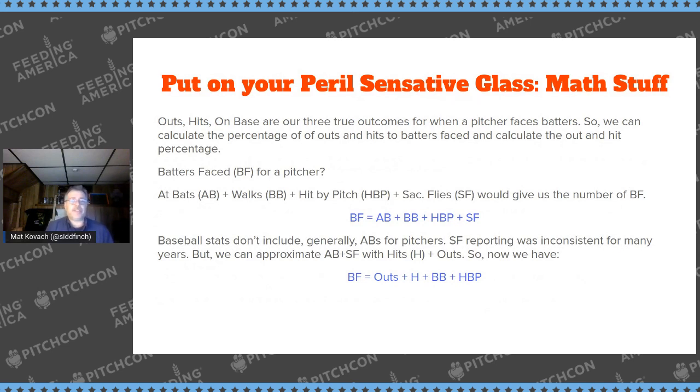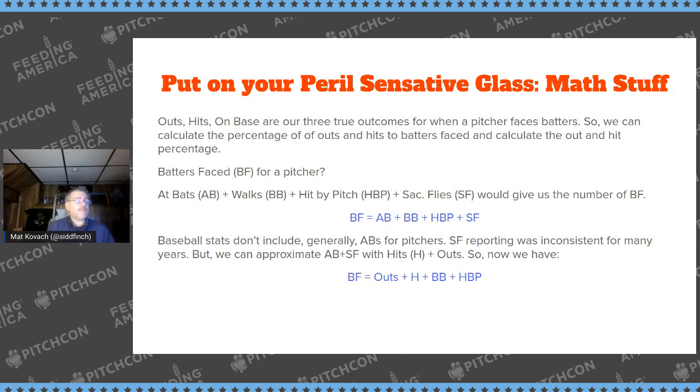Outs, hits, and on bases are the 3 true outcomes for the pitcher. So what we're going to do is take a look at the percentage of outs and hits to batters faced, and then calculate that percentage. It's essentially like figuring out some odd combination of batting average or on base percentage minus your hits or something of that nature.